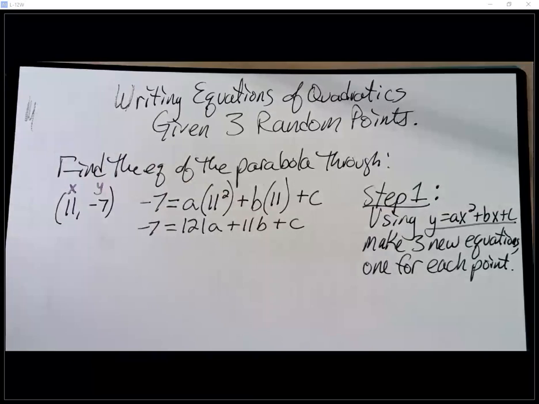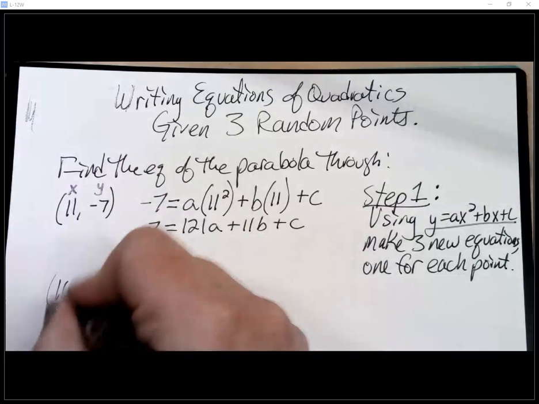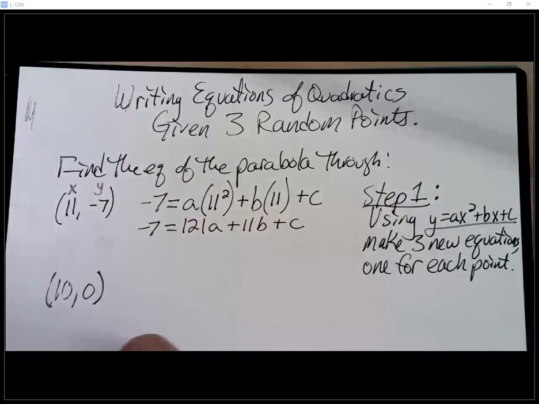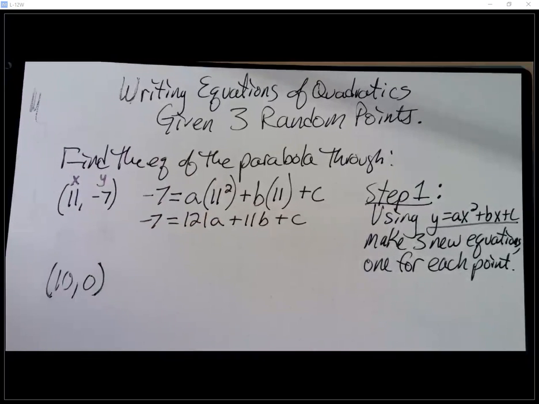So what was my next point? Was that (10, 0)? And my third one was (5, 5). Okay, and so is everybody okay so far? All right, now I do the same exact thing for my second point and my third.